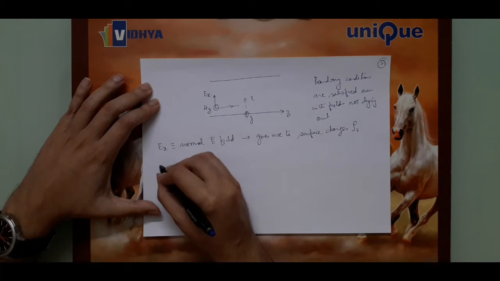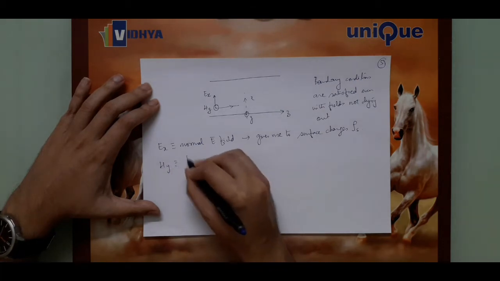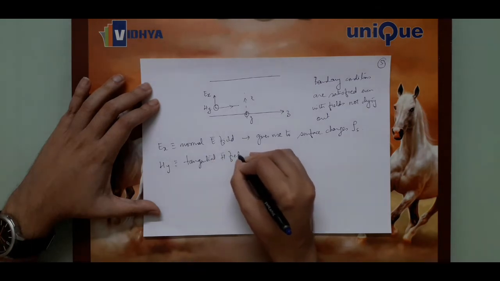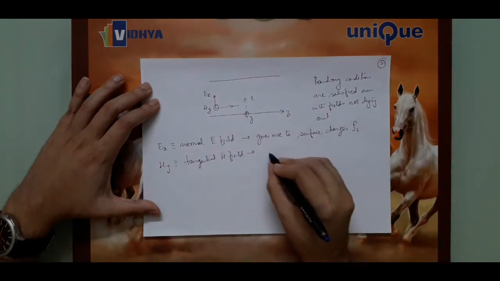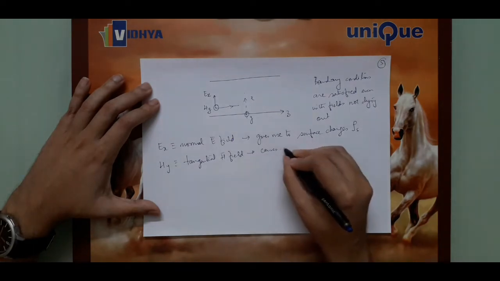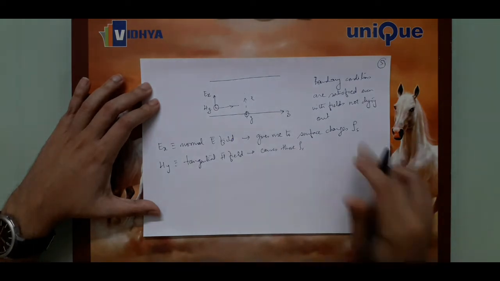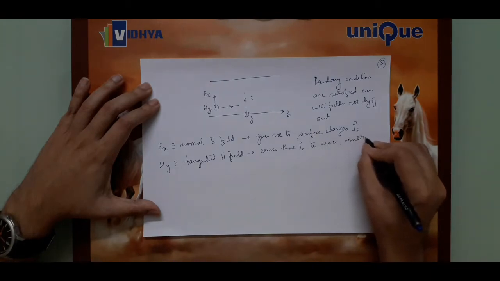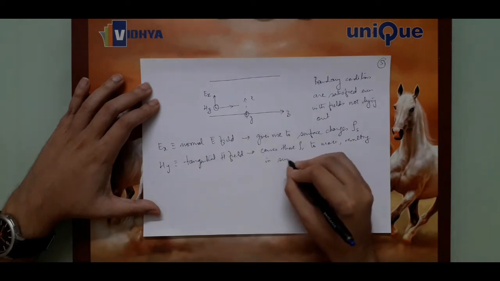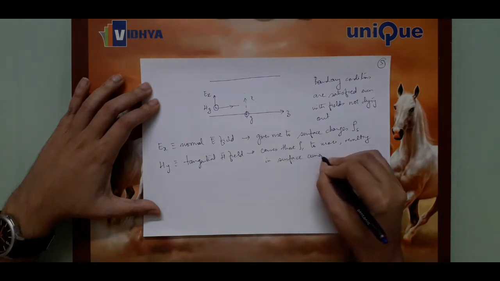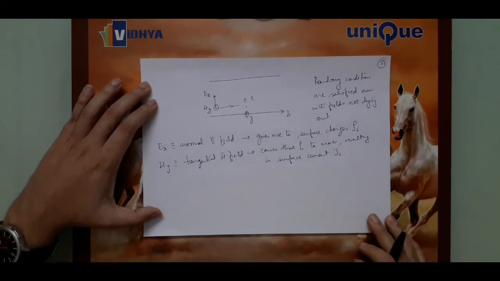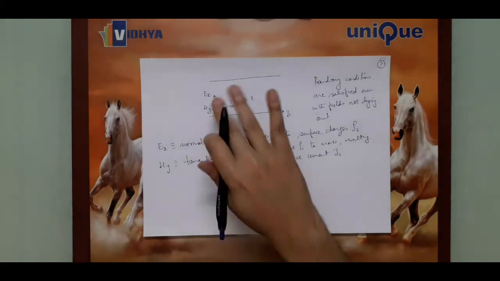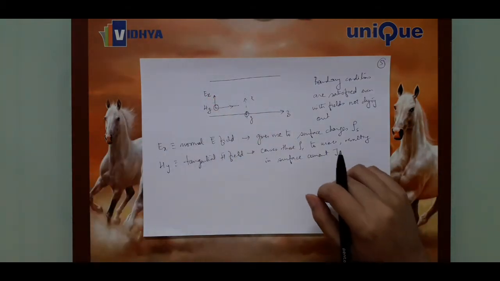And the Hy, that is the tangential H field, causes those surface charges to move, resulting in surface current Js. So therefore the boundary conditions are very well satisfied. So there is no question why the wave cannot exist this way.